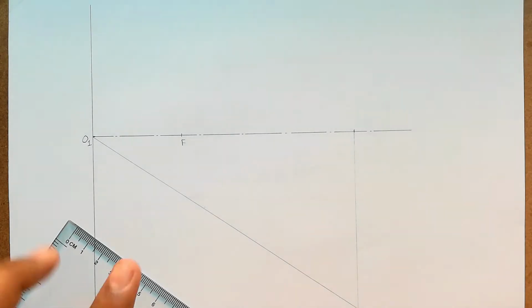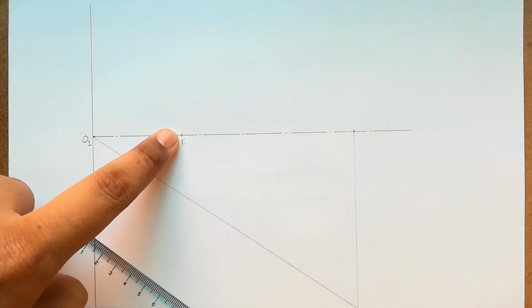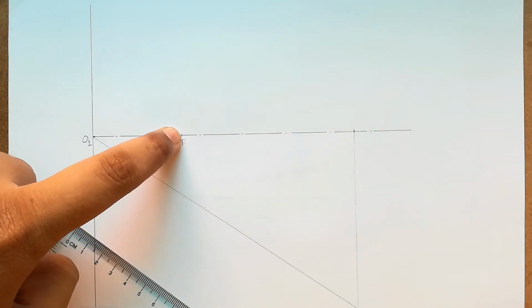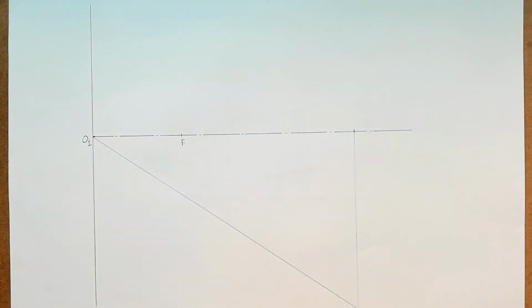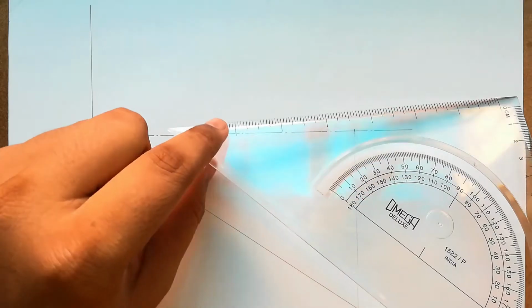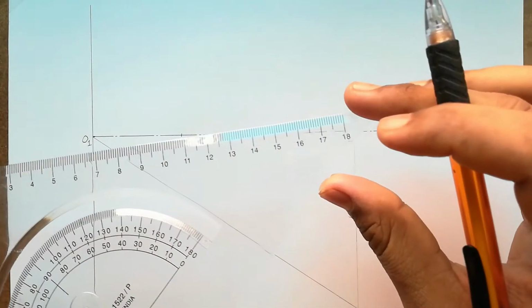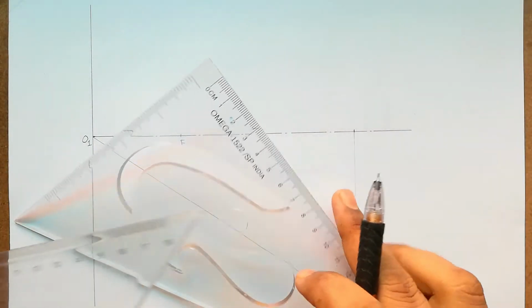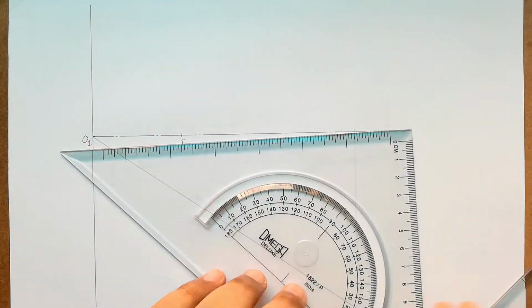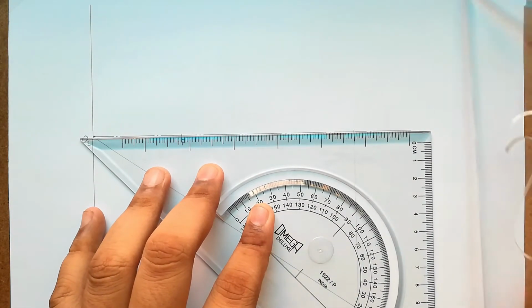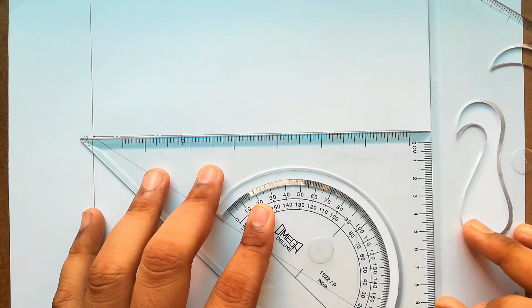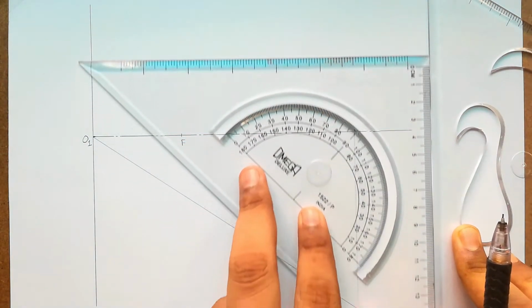Now once I am done with this eccentricity line, what next I will do? From the focus I will draw one line having a 45 degree inclination. The 45 degree inclination is available over here. This is a corner with 45 degree inclination. This is one more corner with 45 degree inclination. So I will take this set square and put it over here, something like this, and with this support I will go in an upward direction.